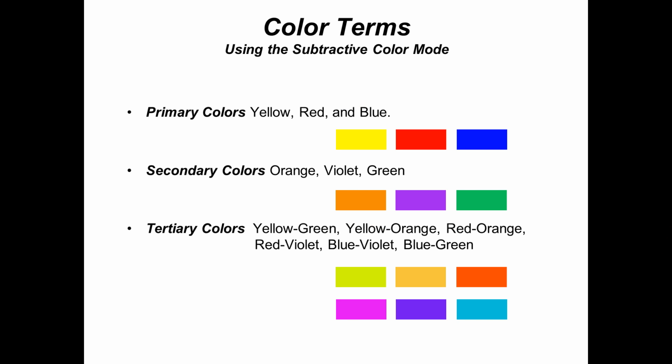That's why they're primary. Secondary colors are orange, violet, and green. You create these colors by mixing the primary colors. Now, tertiary colors are colors that skew towards one direction. So we have yellow-green, yellow-orange, red-orange, red-violet, blue-violet, and blue-green.